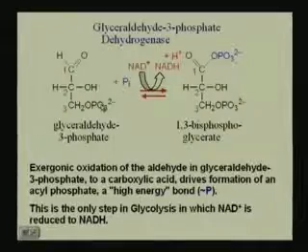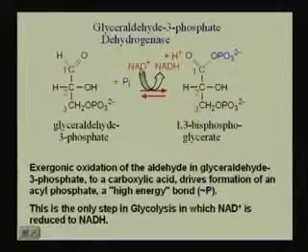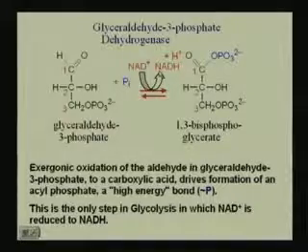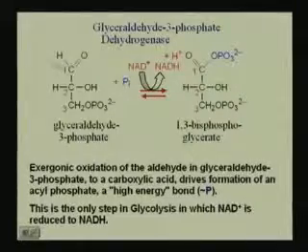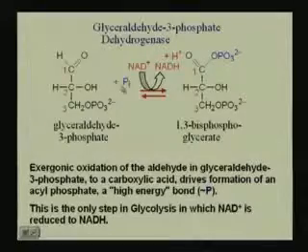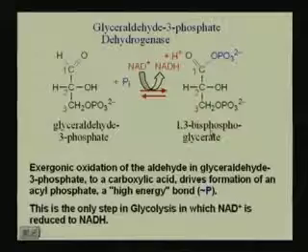Now, this is the only step in glycolysis where NAD plus is actually reduced to NADH. This step uses glyceraldehyde-3-phosphate dehydrogenase, because you have this hydrogen being removed from the aldehyde group and you have a phosphate introduced by the Pi that comes in as a factor to form 1,3-bisphosphoglycerate.